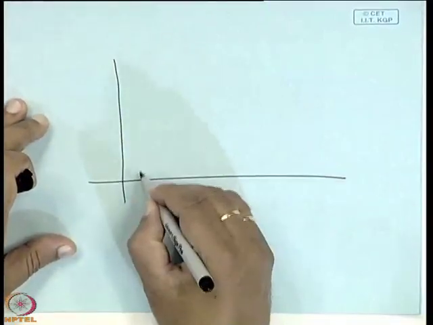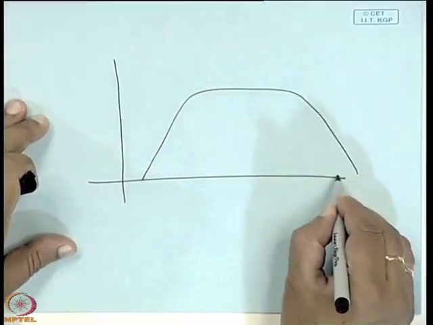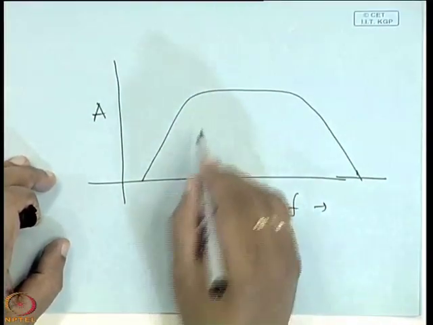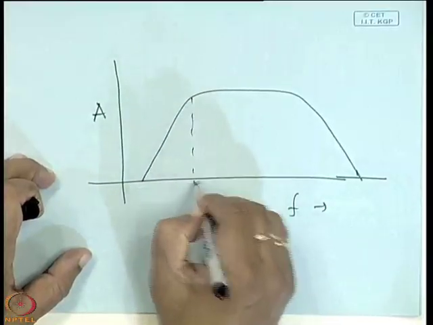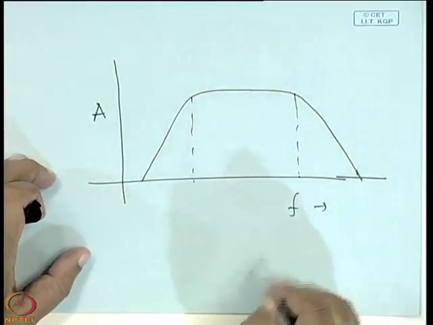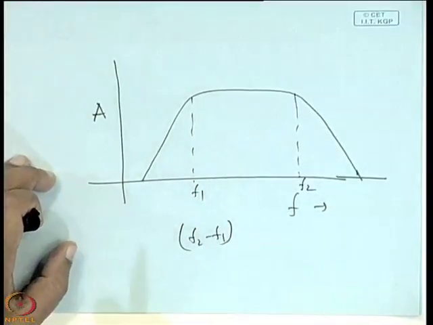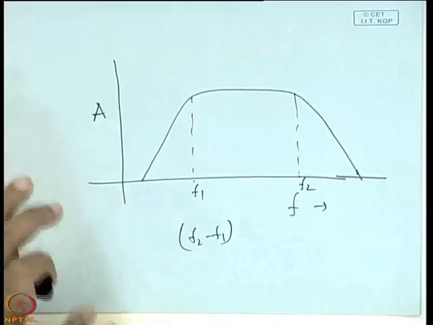If you plot the frequency versus amplification, you will get this kind of curve, that is its bandwidth. Say it is f2, it is f1. So f2 minus f1 is the bandwidth of this material. If you want the bandwidth to become large, then the drift velocity must be very, very high. The saturation should not come at a very early stage. So that is an important parameter.